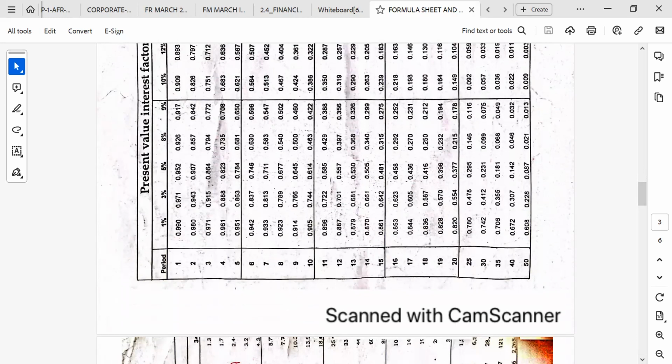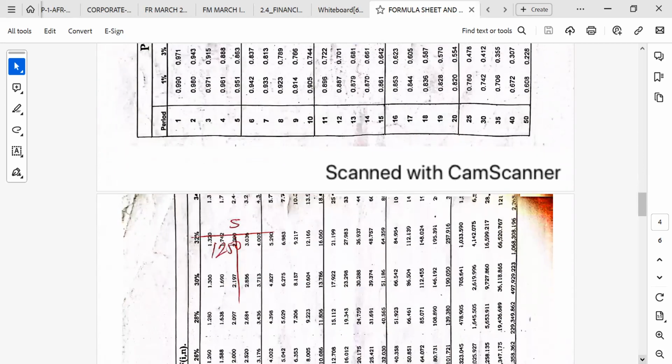But if you are using this particular formula, like how we do this one, 1 plus r exponent n, then the answer you want is in the second table.